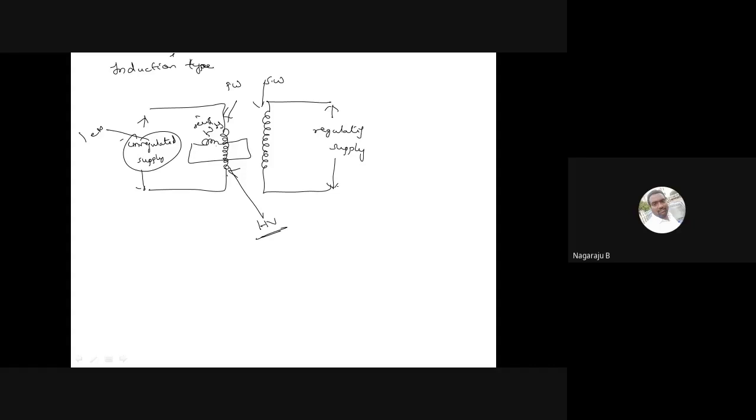The reactance of the regulator unit is thus kept essentially constant. This is about the induction type. Now you can have the step type of regulator, which I am drawing.